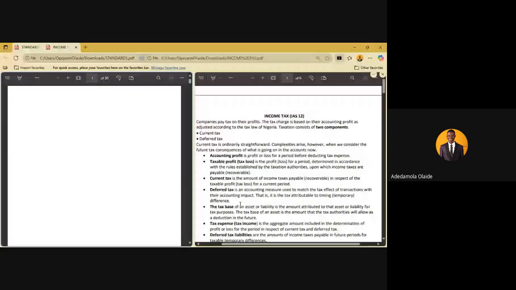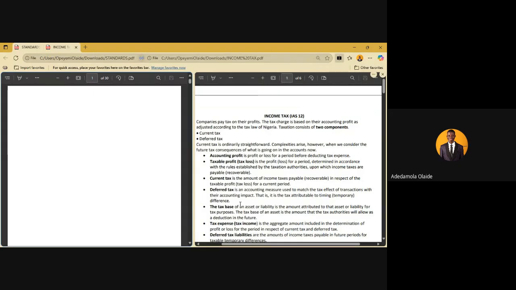So, deferred tax. Deferred tax is just an accounting measure we use to match the tax effect of a transaction with the accounting impact. What does all of this mean? It means that in some cases, the taxation treatment of a transaction will differ from the accounting treatment.